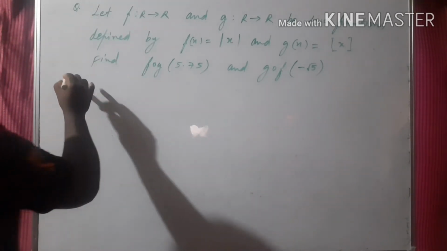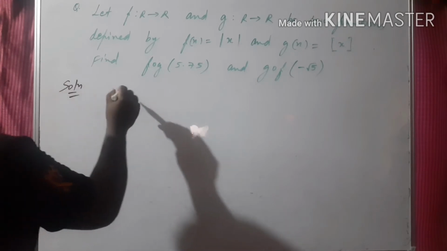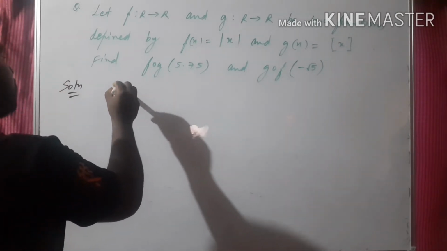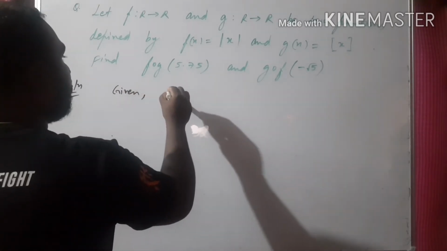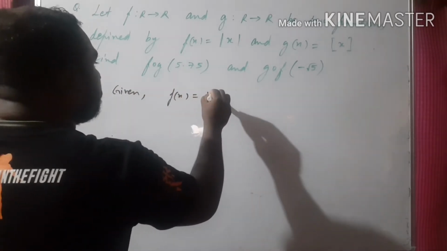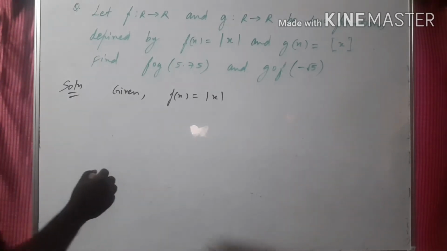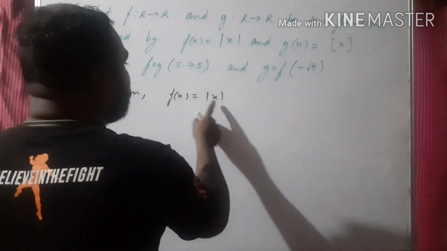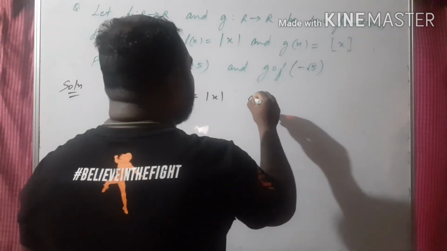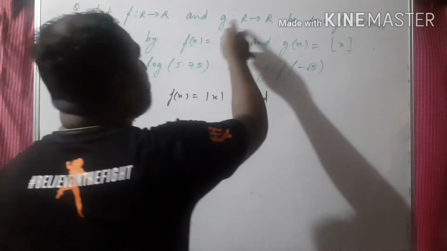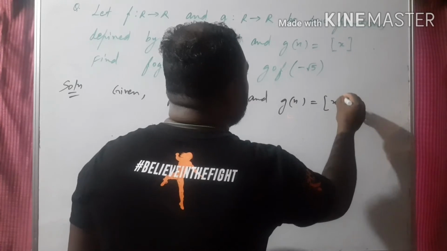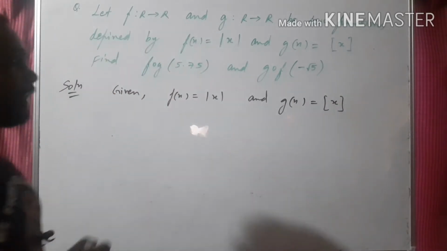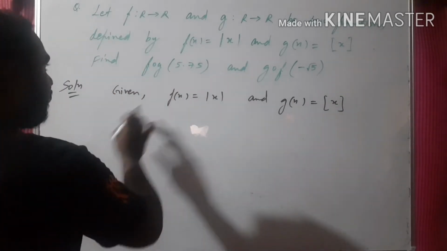So let us write the given functions. f(x) is a function from R to R defined by f(x) equal to mod x, and g is a function from R to R defined by g(x) equal to the greatest integer of x.